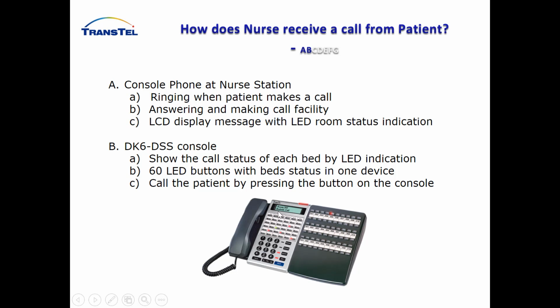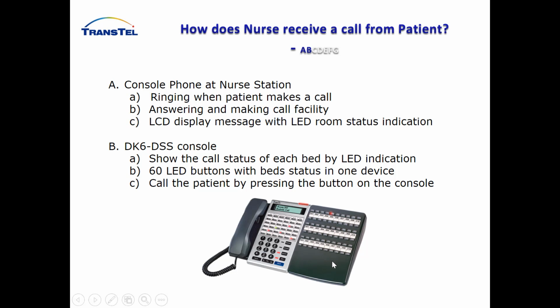The LCD display can show the message, which room, and what kind of call is coming from the patient. The LED buttons, 30 buttons of LED indication, can tell which room makes the nurse call.